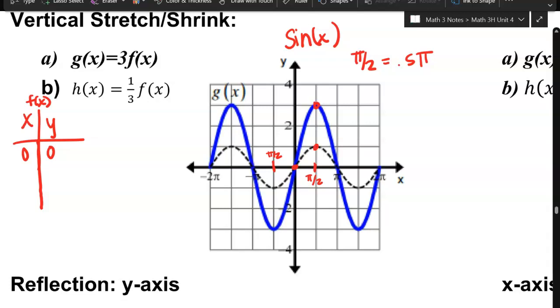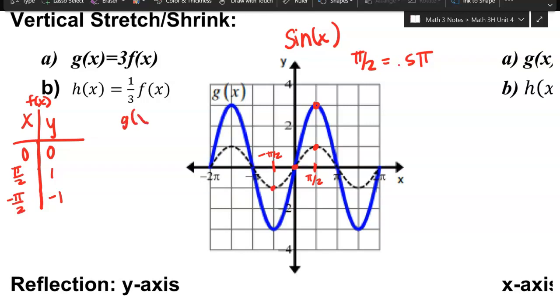From here to here, we have pi halves and 1, and then over here we have negative pi halves and negative 1.